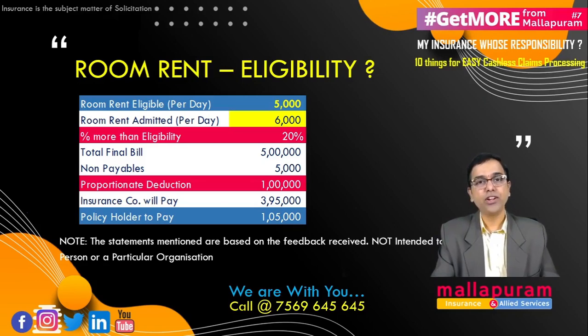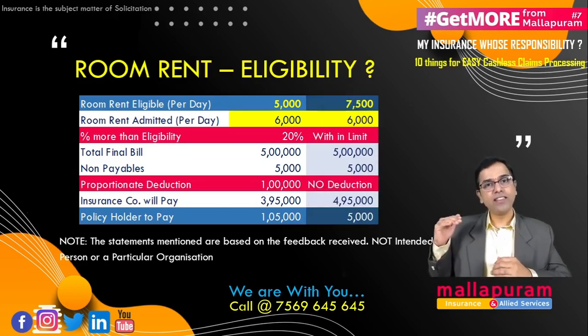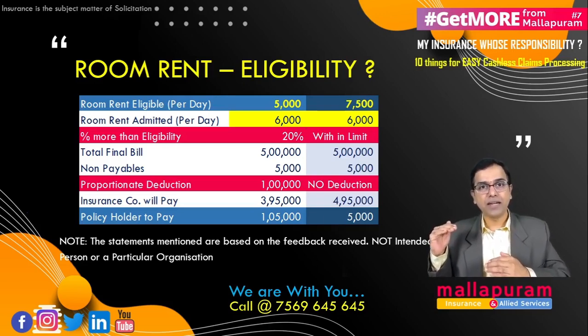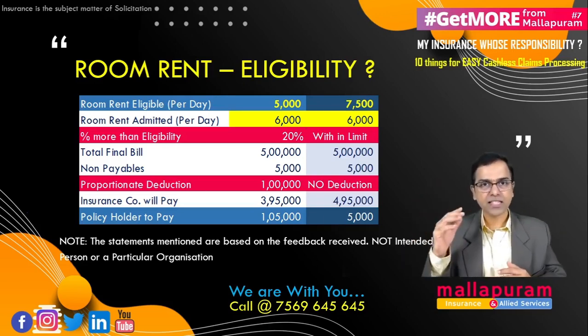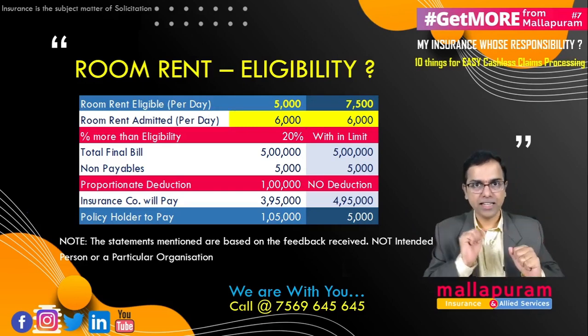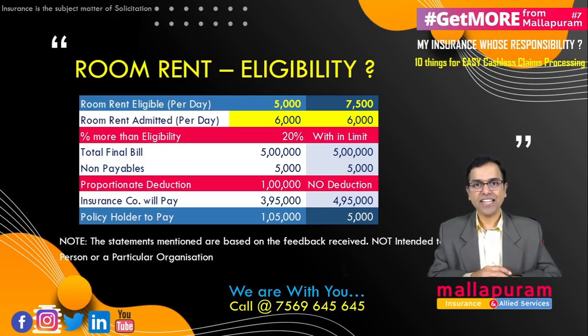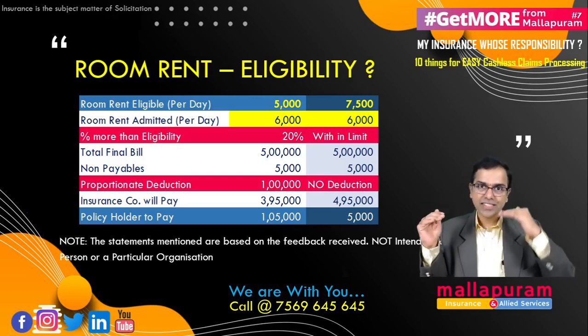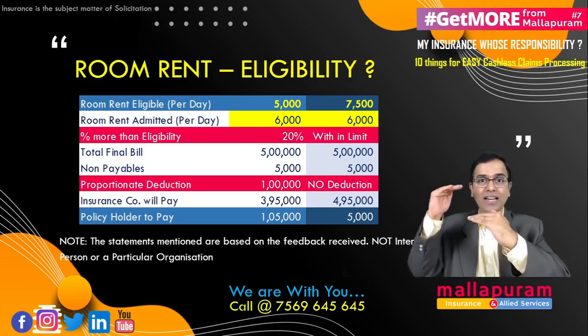Now look at the same situation wherein you have a policy where the room rent eligibility limit is a little higher. In this example, say you have the same 5 lakh policy, but your room rent eligibility is 7,000 rupees. If it is 7,000 rupees and you stay in a room of 6,000 rupees, that means you are well below your eligibility limit.